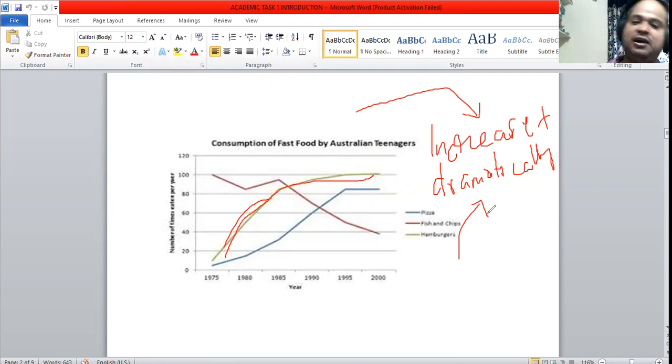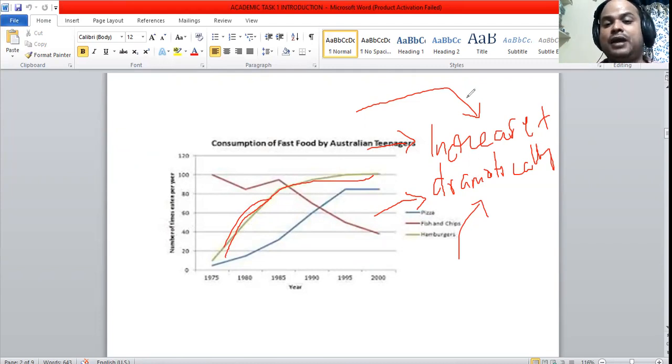The change that occurred is mentioned as increase, and how the change occurs is mentioned by the word dramatically. This is the language of what we call a movement chart.